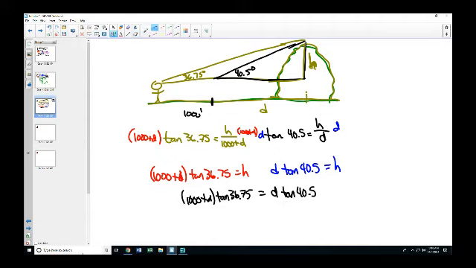These are functions, so you have to actually calculate them. Use your calculator. What's tan 36.75? 0.7467. And tan 40.5? 0.8540.